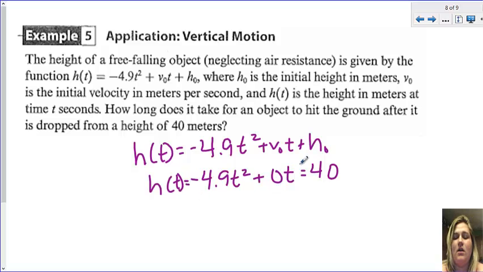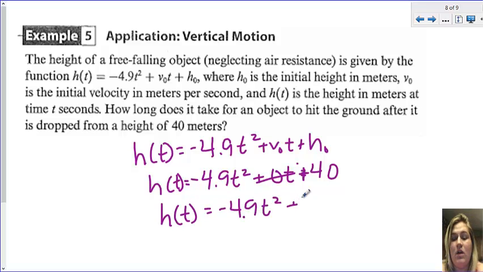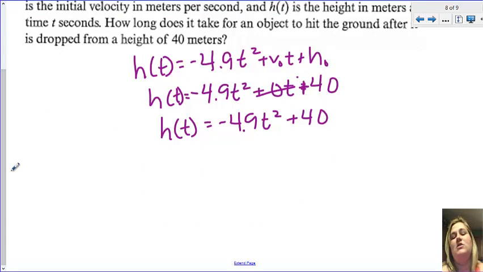Okay, so this part, whoops, I didn't mean to put a plus there, that's supposed to be an equal. Okay, so this part will cancel out. I have h of t is equal to negative 4.9 t squared plus that 40, right? For me to be able to simplify this, I need to essentially make it into a difference of 2 squares like I have been.